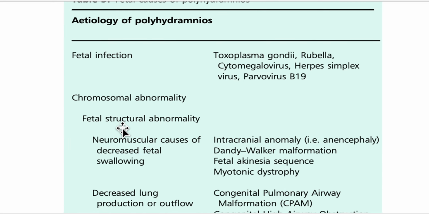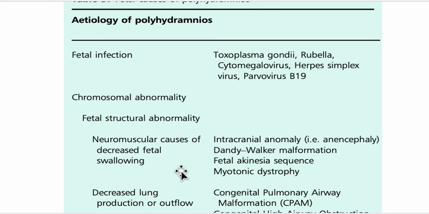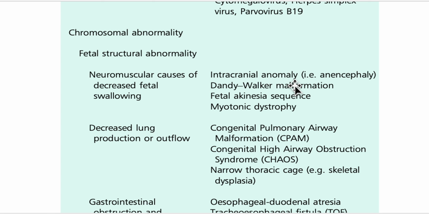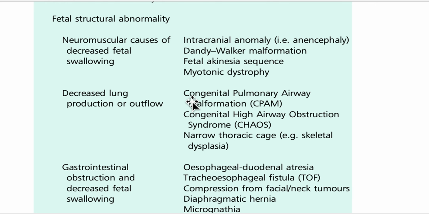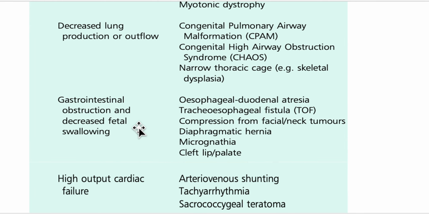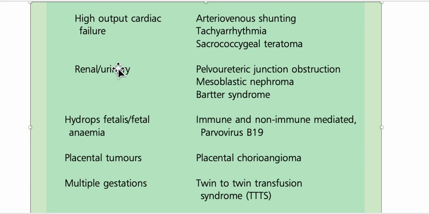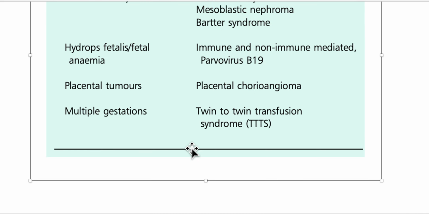Fetal infection, chromosomal abnormalities, structural abnormalities, neuromuscular meaning an anencephaly baby and Dandy-Walker syndrome. We are not supposed to remember these very hard words. GIT obstruction, this is the most important cause. And this one, renal or urinary.